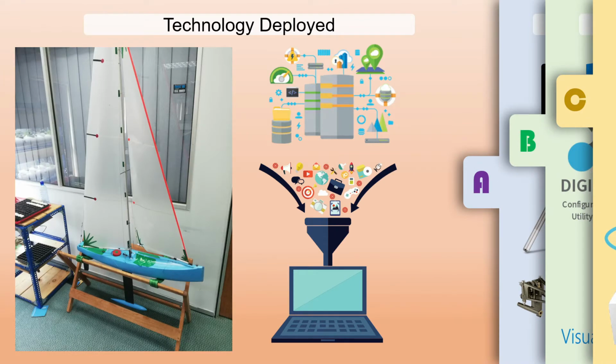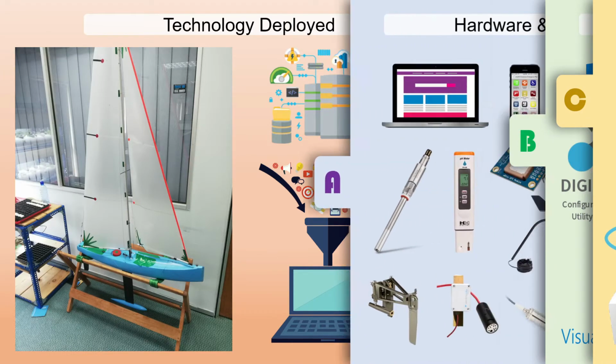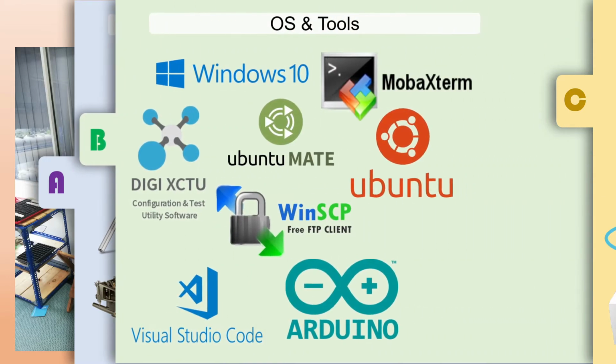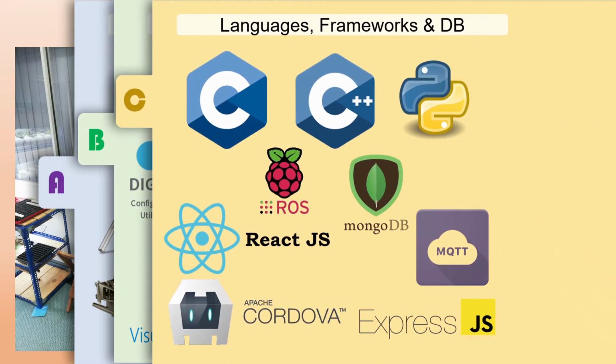Next, technology deployed. The main component of this project is the sailboat. Then we have the IoT devices, which are the actuators, servos, and the sensors, and of course the MCU. The languages involved are C, C++, and Python, and the frameworks used are the ROS framework for the mechanics and IoT communications.